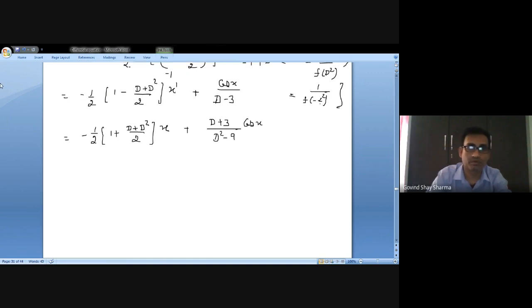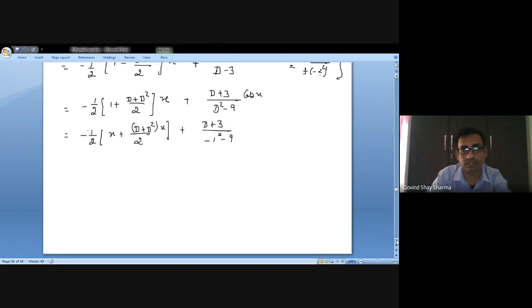Now we take x inside: minus half of x plus D x plus D square upon 2 of x, plus D plus 3 upon minus 1 minus 9 of cos x. So here we get minus half of x plus, multiplying 1 by D x, which is equal to 1 and D square x becomes 0.